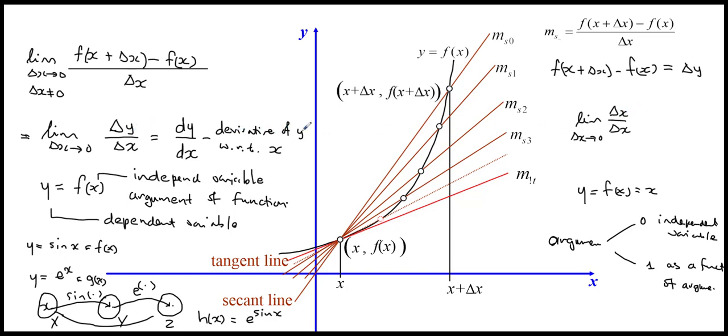So we say the derivative of y with respect to x, and using the same notation with d, dx, we're going to call this the derivative of x with respect to x. In the language of the argument, we'll be saying the derivative of the argument with respect to itself, because the argument is x in that case. That is very, very important.